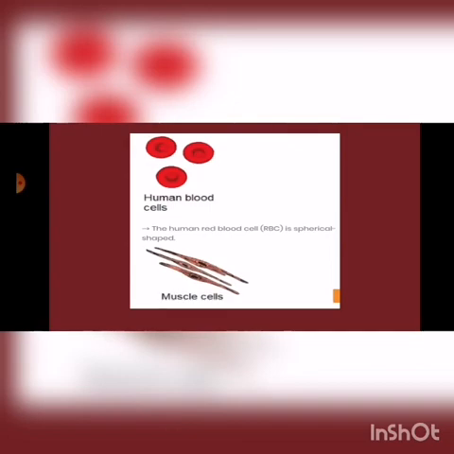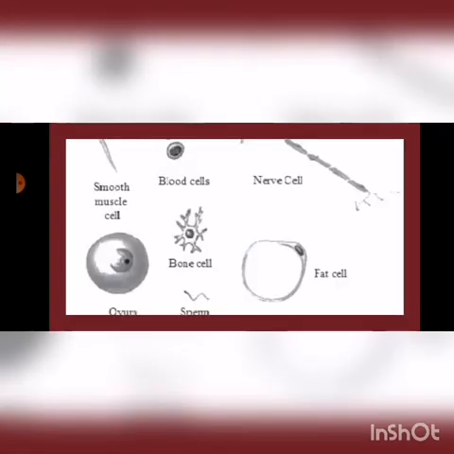Their shapes vary according to the function they perform. Most cells are round, spherical or elongated. Some are spindle shaped, long and pointed at both ends, like smooth muscle cells.